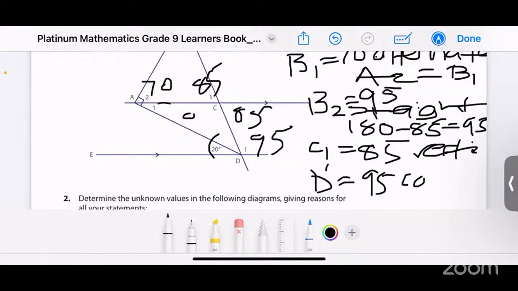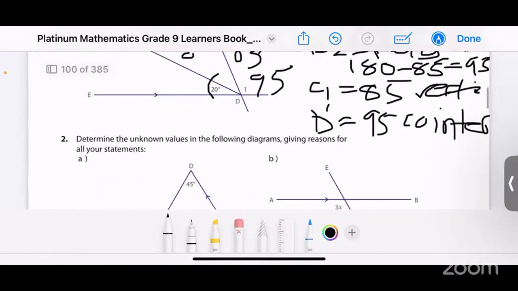These were co-interior angles. Remember, co-interior, we said 180 minus 85. It gives us 95. So that was question 1, grade 9s.